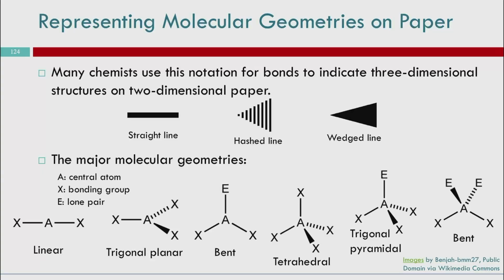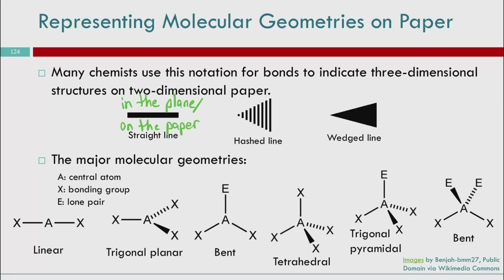I don't know what that looks like, but you don't need to use this nomenclature. So our straight lines, just regular normal line, that's in the plane of the board, or on the paper. That's along the face of the paper.